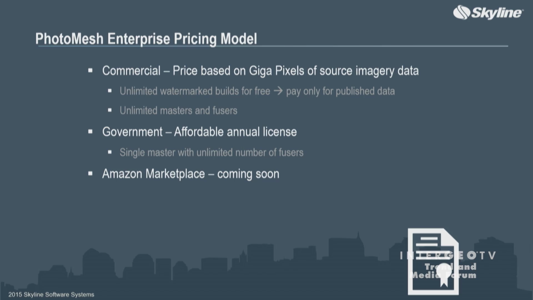So we're counting the number of gigapixels in your images, and this is the key of how we factor the price of PhotoMesh. You can use as many fusers or machines as you need for the project. We don't limit you. Our interest is that you're going to get the work done as quickly as you can.